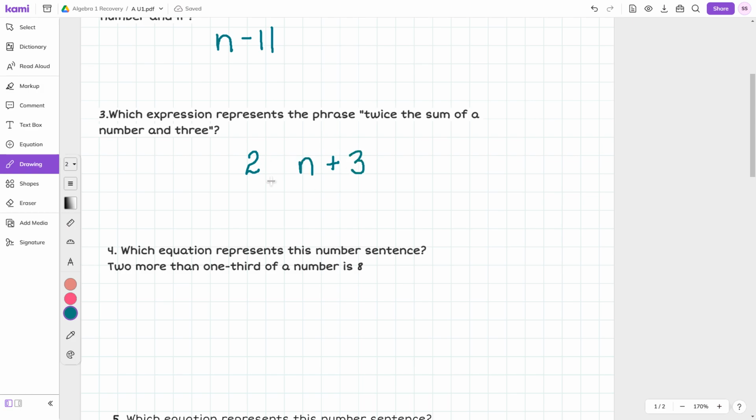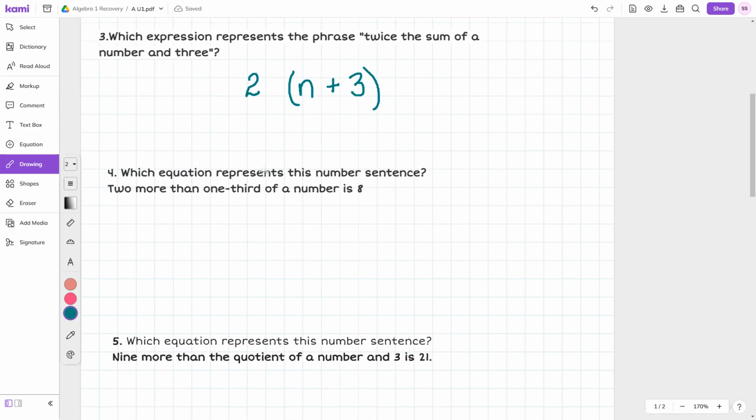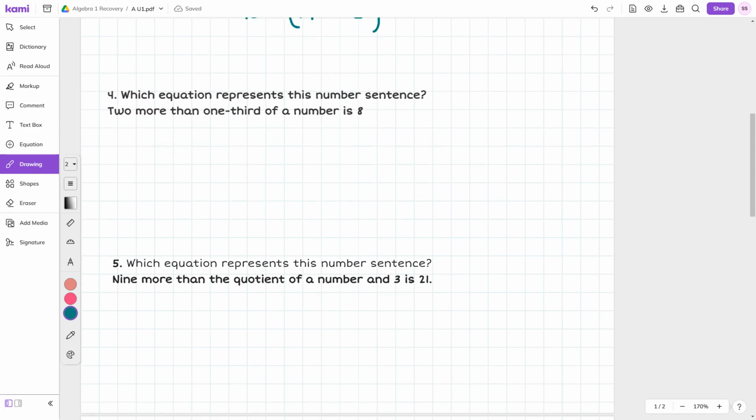Now, because we're multiplying by the sum of the number and 3, we need to put parentheses around the sum n plus 3, indicating order of operation. You wouldn't want to leave that parentheses off of it, because then you would only be multiplying by n when this statement says the sum of a number and 3. Go ahead to the next one.